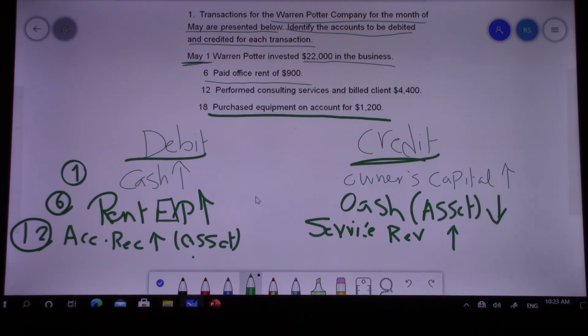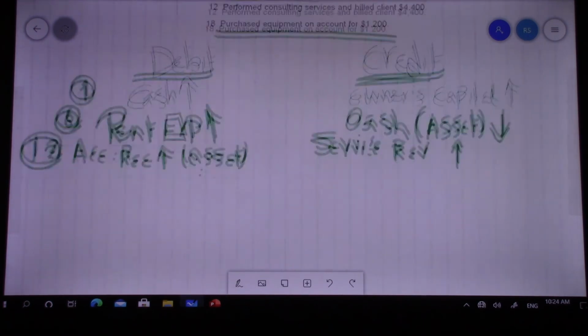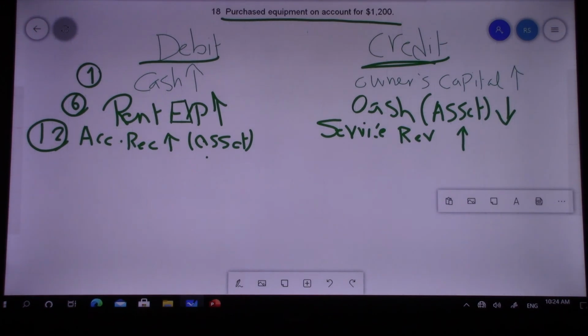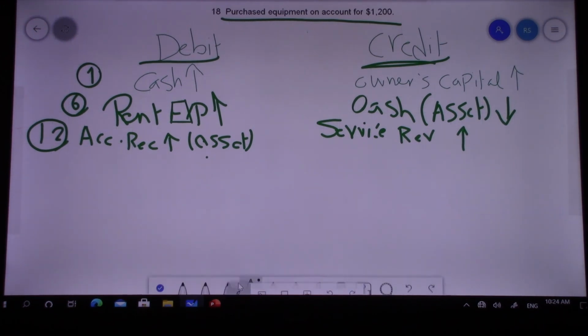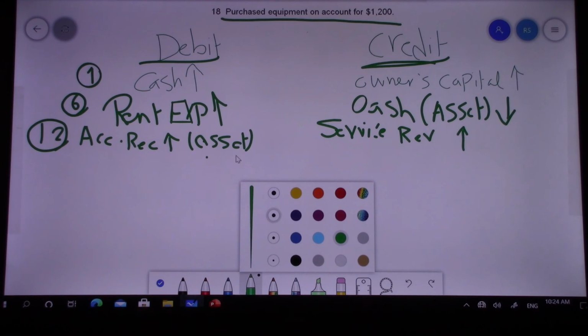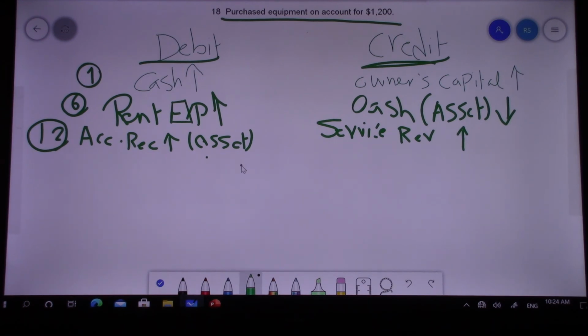Our liability increased, and when a liability increases, it will be credited. We now have accounts payable. Accounts payable is a liability, and our liabilities increased, so we will write them on the credit side.